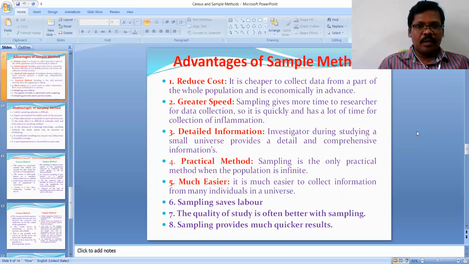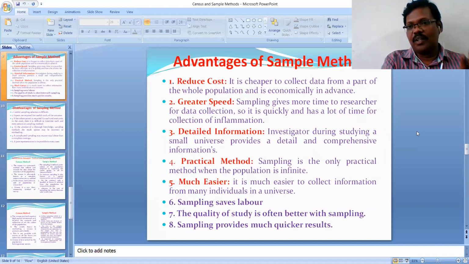This sample method is called a practical method. Sampling is the only practical method when the population is infinite. When a large population is there, a sample is one of the best methods to collect the data.